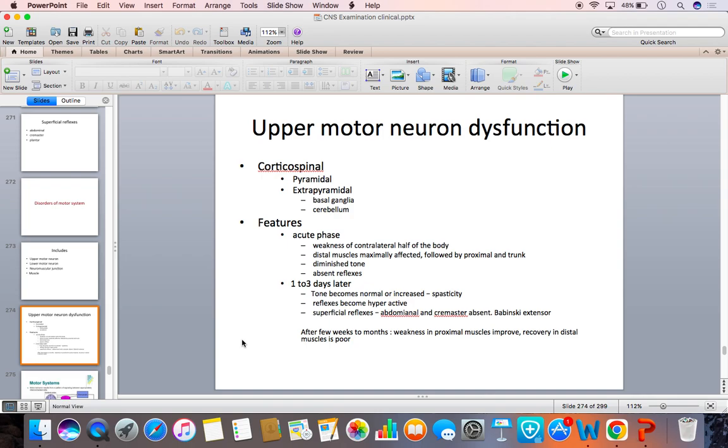Over a period of 1 to 3 days, that is within 48 hours, tone becomes normal or sometimes increased, that is spasticity. Reflexes become exaggerated. Superficial reflexes like abdominal and cremasteric are absent and Babinski is extensor.